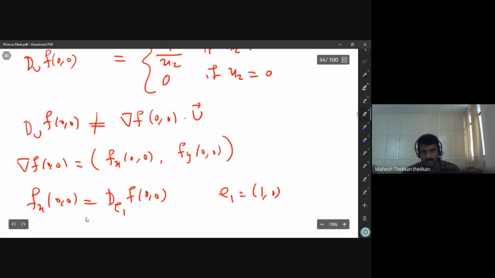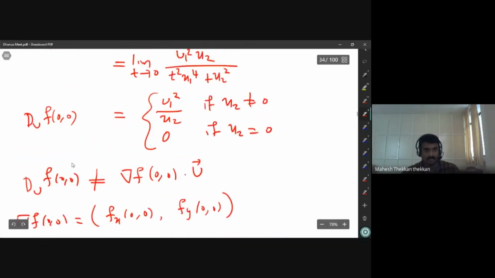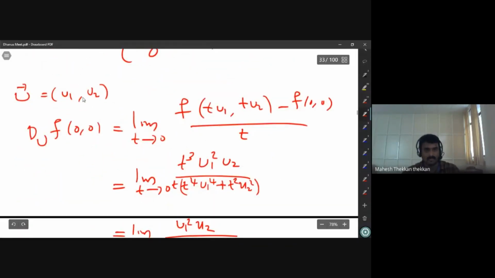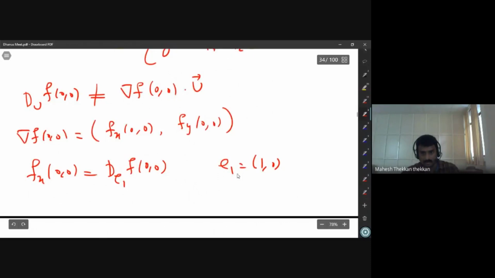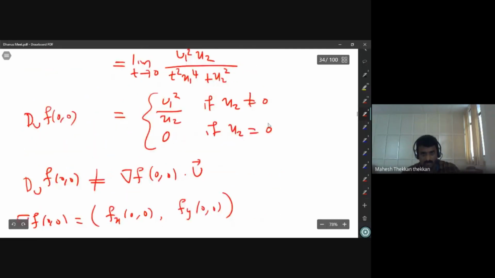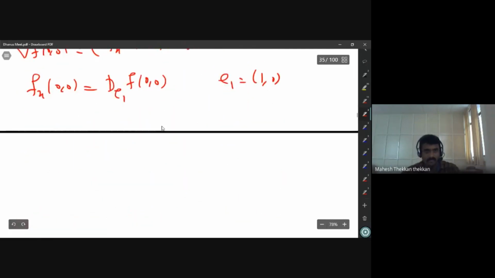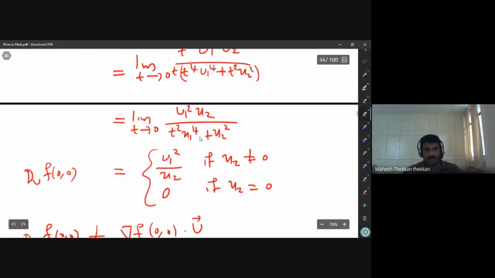So here the u2 term is 0. In this case, for e1, u2 is 0, so that will come into the second case. So D_e1 f(0, 0) will be nothing but 0 only. What about fy at (0, 0)? This is nothing but the directional derivative in the direction e2 of f at (0, 0). You look at here.